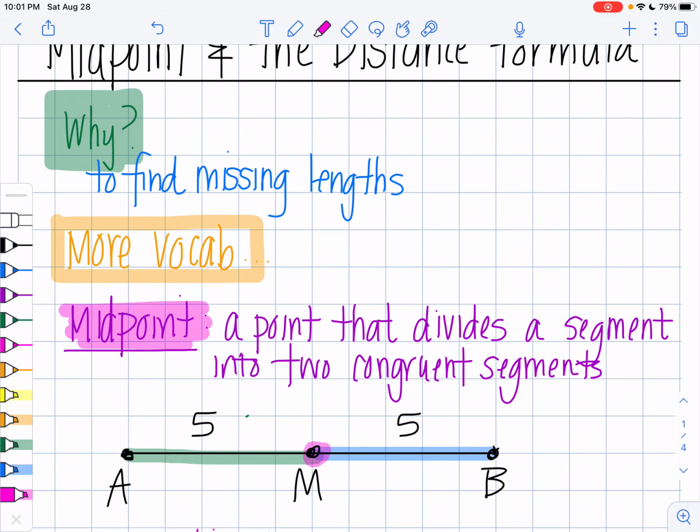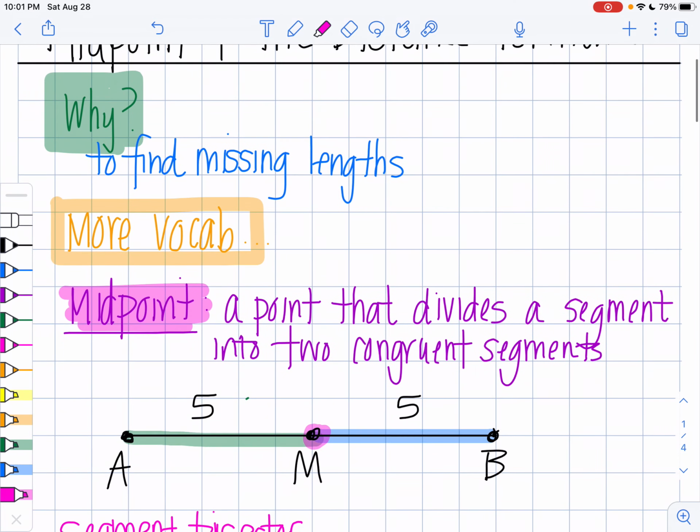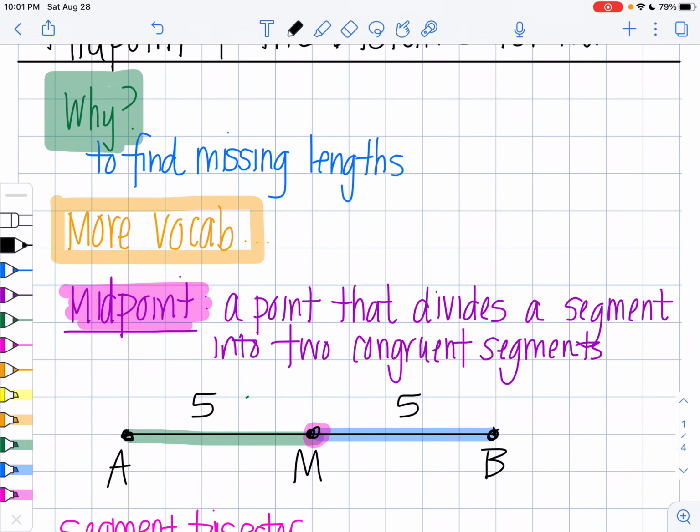The midpoint is a point that divides my segment into two equal or congruent segments. I would mark these as congruent like we learned last time. And I can say that AM is congruent to MB, but the lengths are equal, just so that we are reinforcing that idea. Segments are congruent, but distances or lengths are equal.